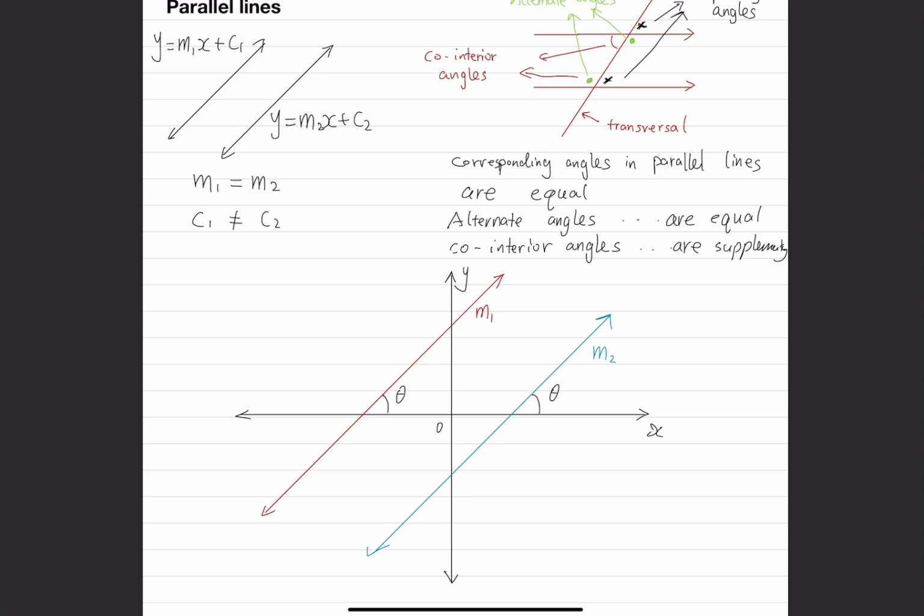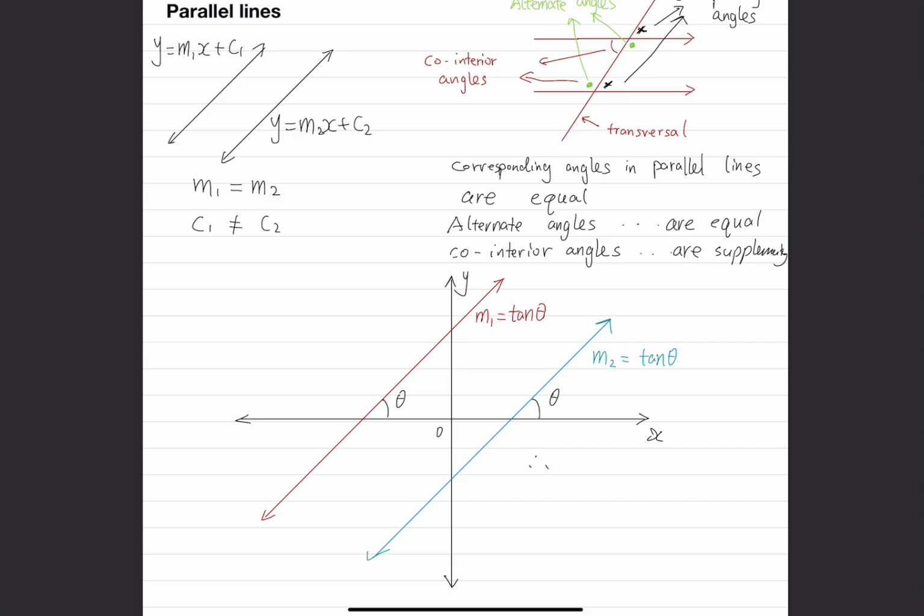More specifically, this is the angle between the straight line itself and the positive direction of the x-axis. Here you can see the gradient is equal to the tangent of this angle, tangent of theta. Therefore, m1 is equal to m2.